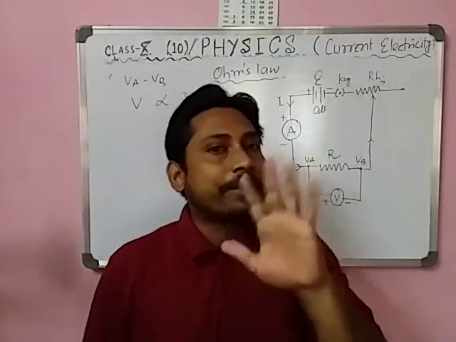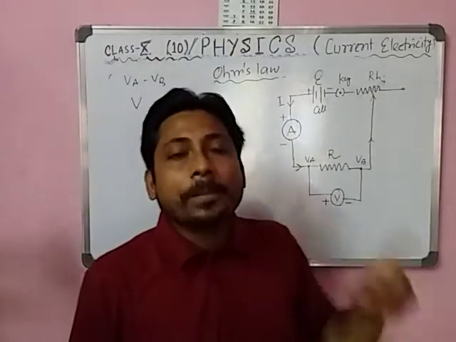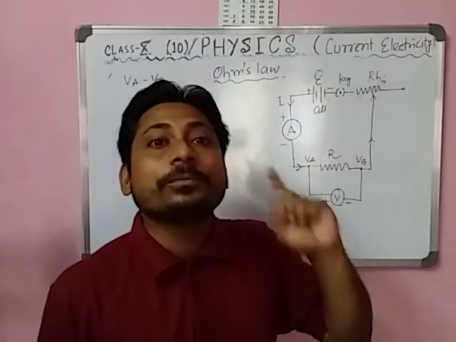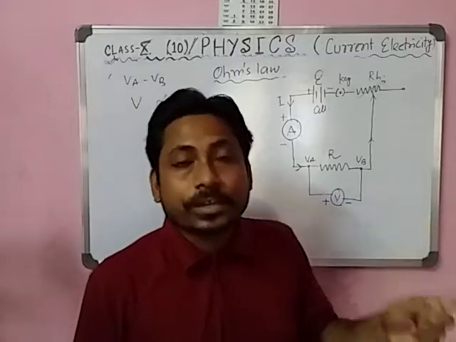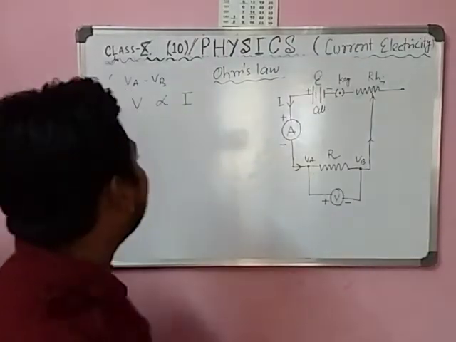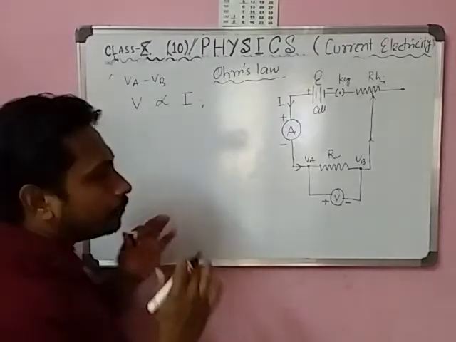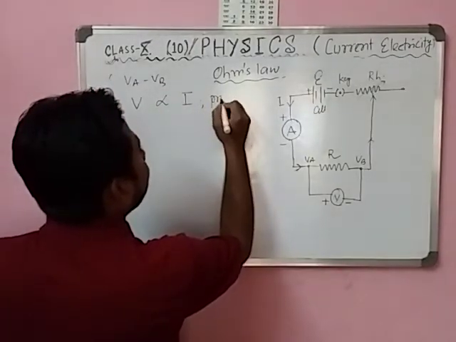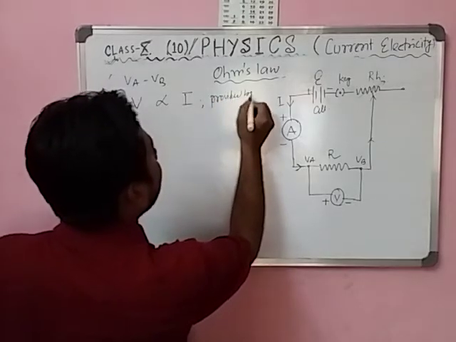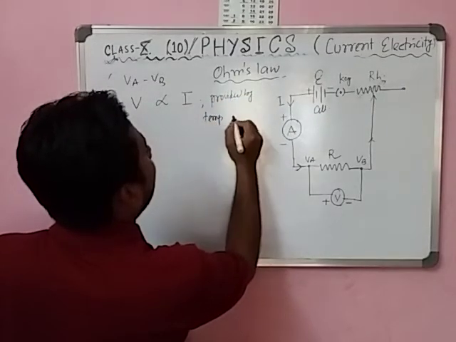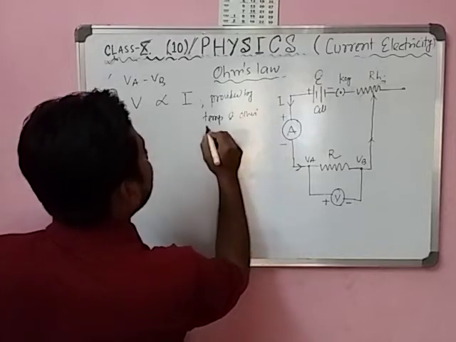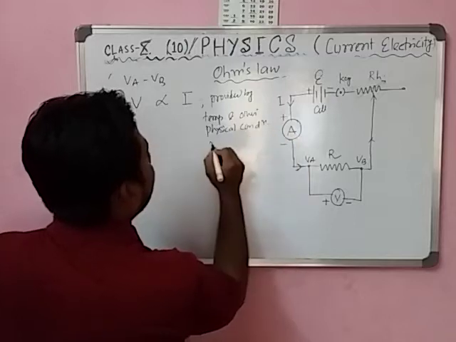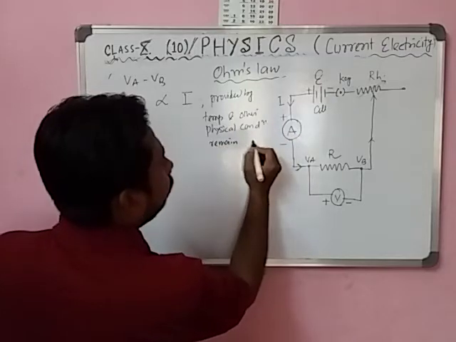Say with me five times: V proportional to I. V proportional to I. V proportional to I. V proportional to I. V proportional to I. So if you don't want to write the full statement, you can write V proportional to I, provided temperature and other physical conditions remain unaltered or unchanged.